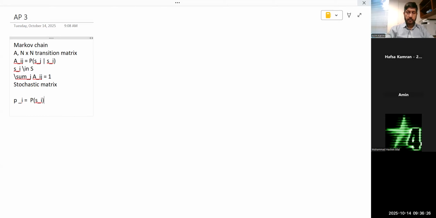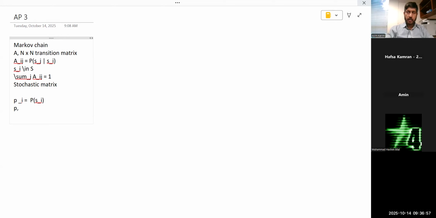In the case of a web graph, this is the probability that a web surfer, a web browser, will be on page Si. So Si is a page in the case of web pages, and Si would be a word in the case of a language model. This is the probability that you will see this page or this word, and of course you can represent all of these probabilities in a vector.